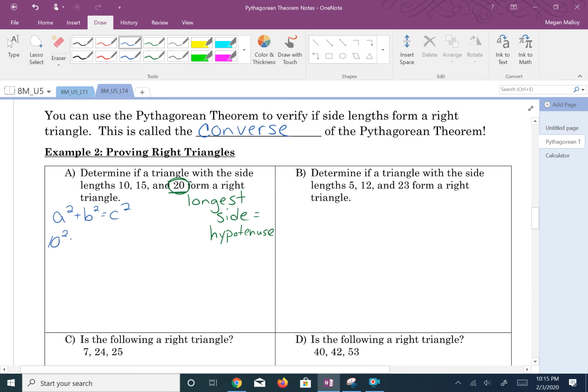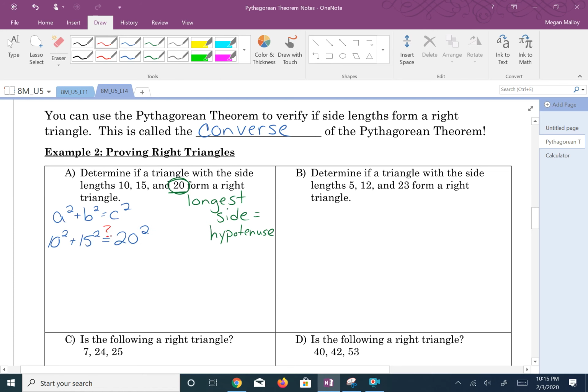So 10 squared plus 15 squared, does it equal 20 squared? So 10 squared is 100, plus 15 squared, which is 225. And again, does that equal 20 squared, which is 400? So 100 plus 225 is 325.